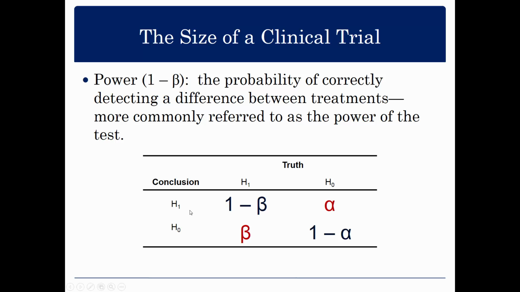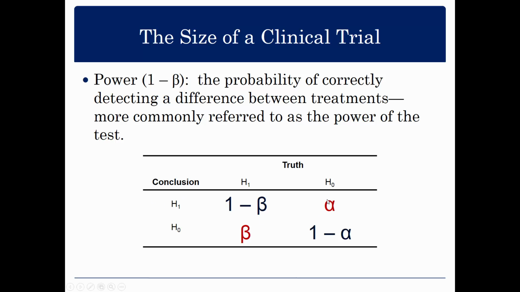So the things that we usually power a study for is right here, right? If you're familiar with hypothesis testing, usually our null hypothesis, we aim to reject it, because then that supports our scientific hypothesis, which is generally the alternative.